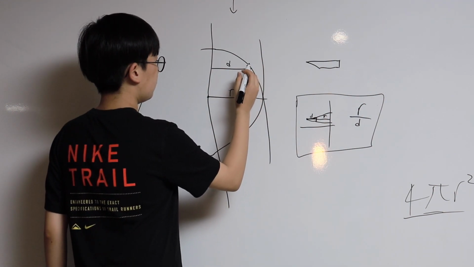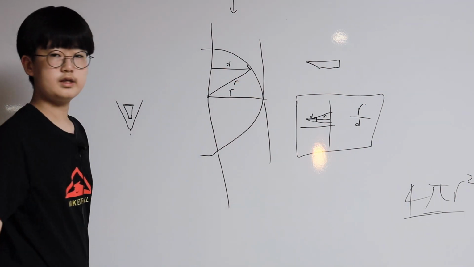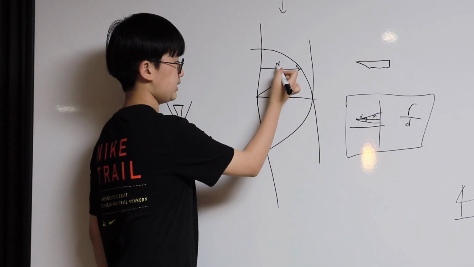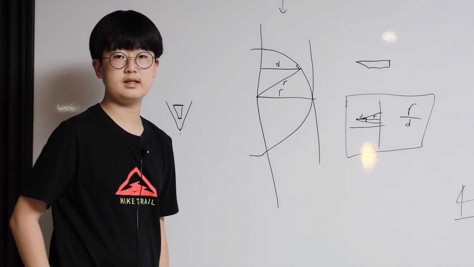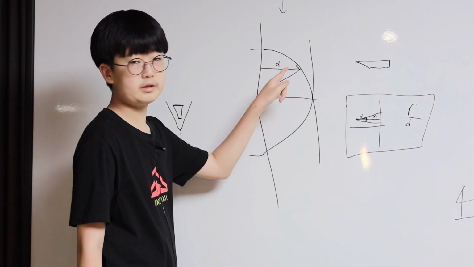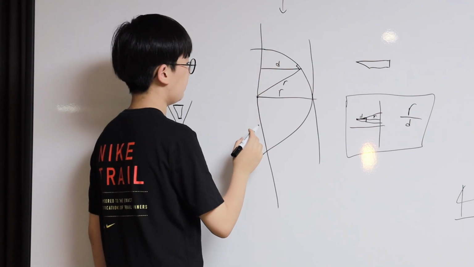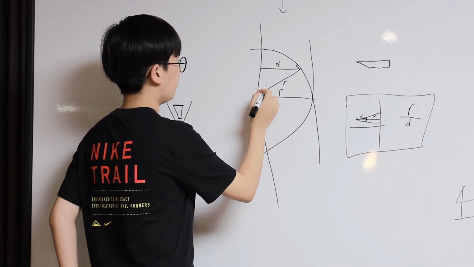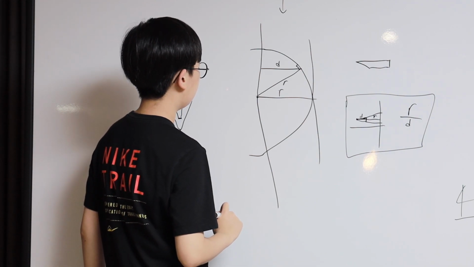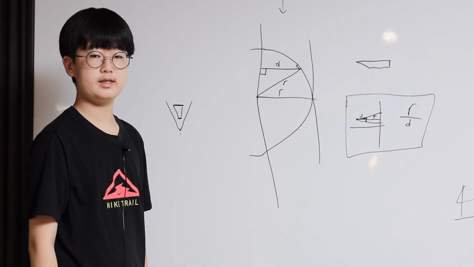Now, this is also R because this is a radius, and this is D because the length from the line parallel to the label to the square is still D, and because it is parallel, this angle is 90 degrees.